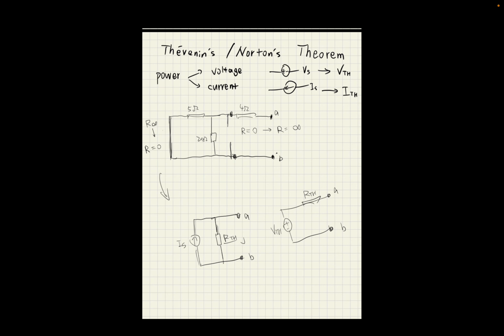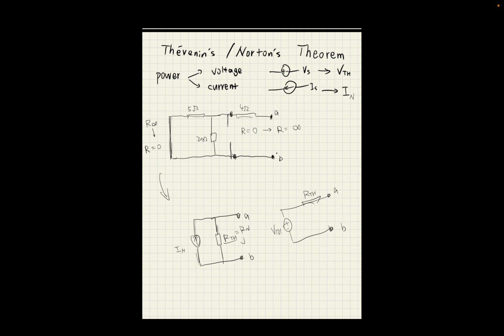Okay, sorry, this one should not be IS because we want to emphasize this one is the Norton's circuit. So IN, okay? N for Norton, TH for Thevenin. Now you can also call this one RN, but the value is the same as RTH. So now all you have to do is to calculate IN.